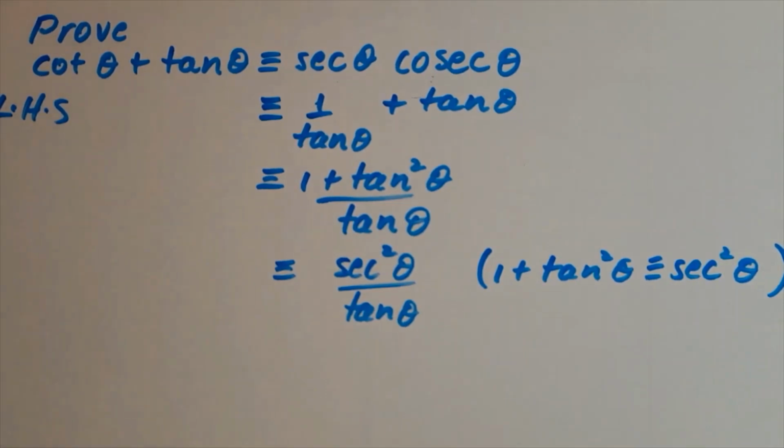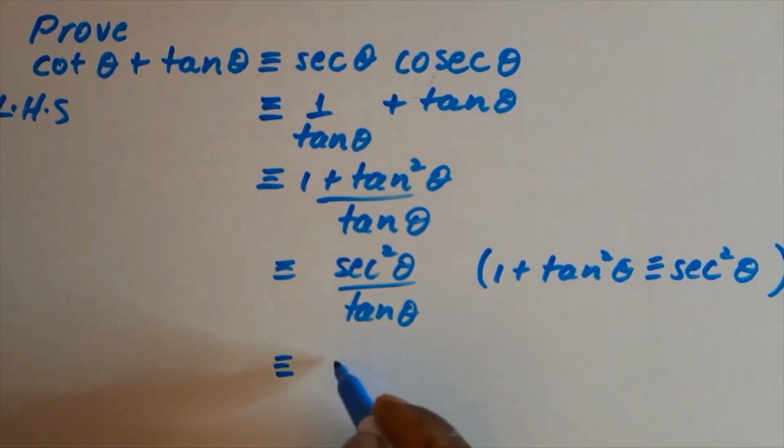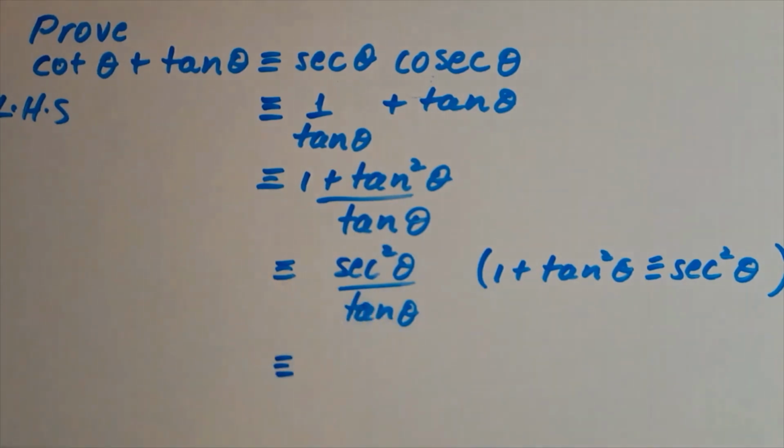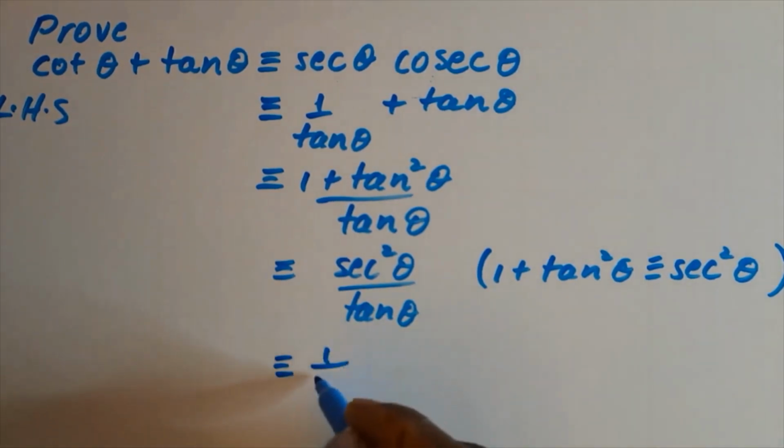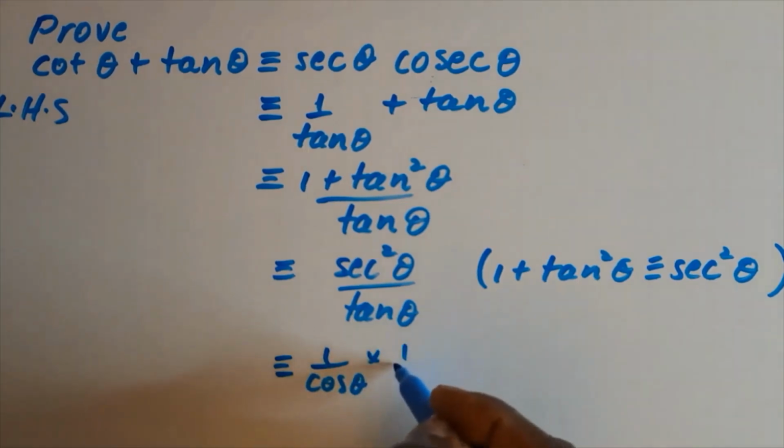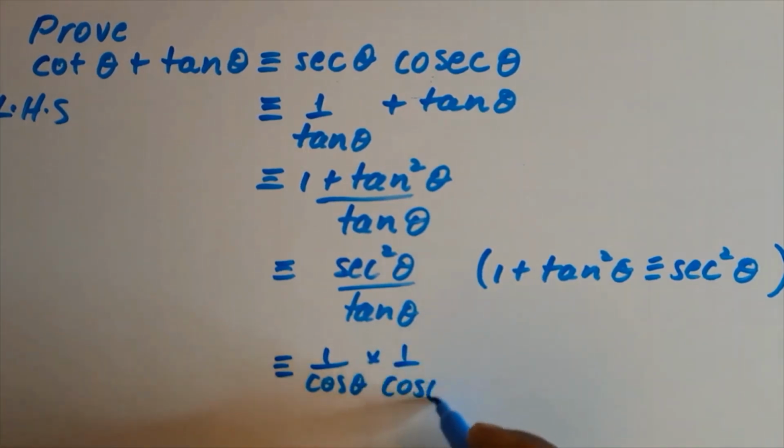So now we can simplify this further by writing sec squared theta as a reciprocal, so we can write as cosine theta times 1 over cosine theta.